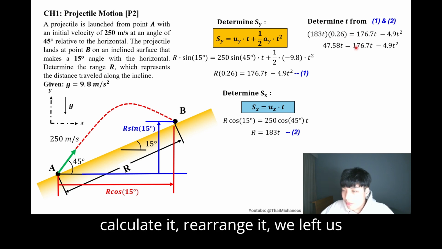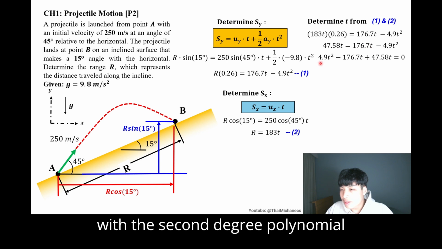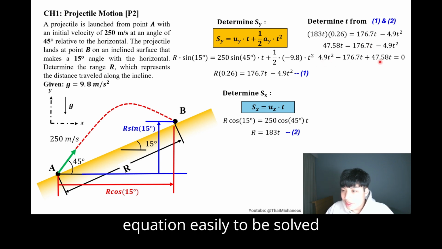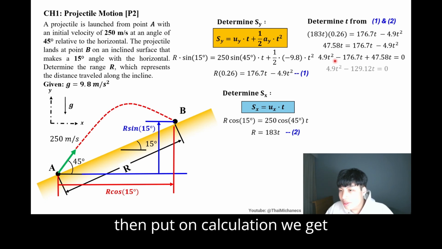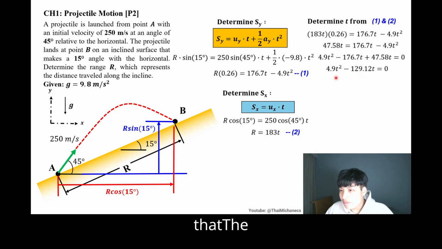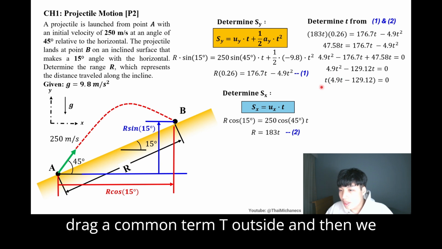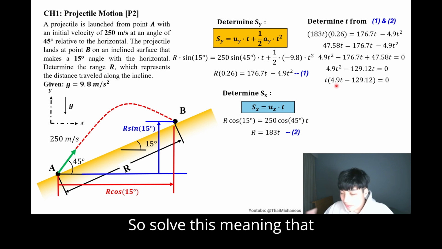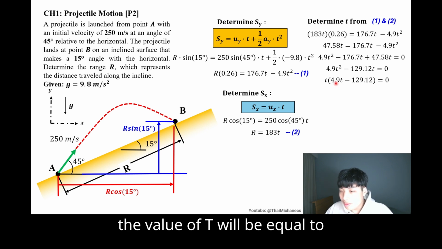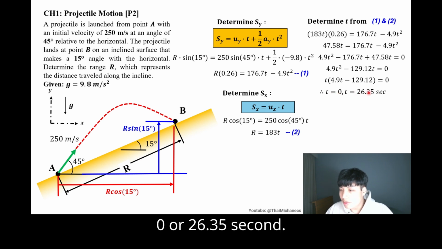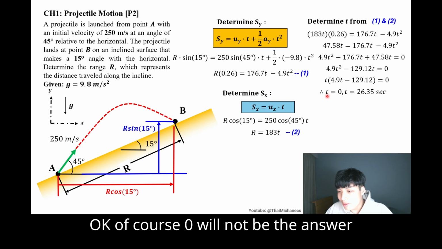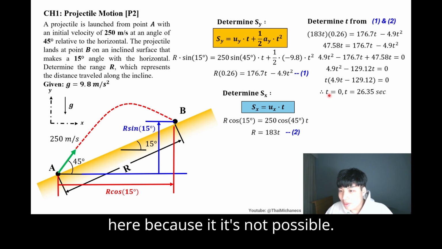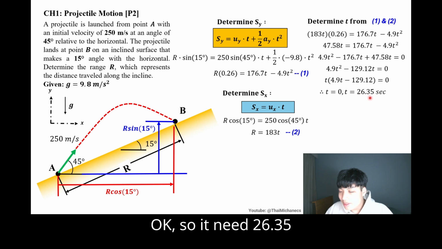If we calculate and rearrange, it will leave us with a second degree polynomial equation that is easy to solve. Then we put on the calculation, and we can take a common term t outside, and then we have the inside term here. Solving this, the value of t will be equal to 0 or 26.35 seconds. Of course 0 will not be the answer here because it's not possible. So it needs 26.35 seconds to travel from A to B.